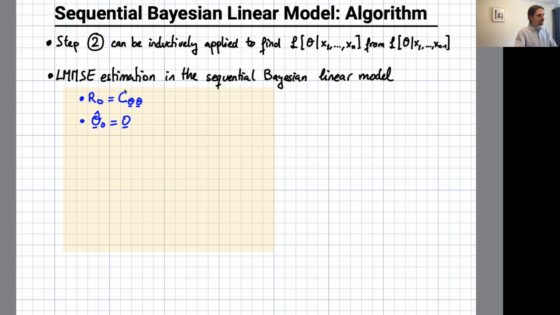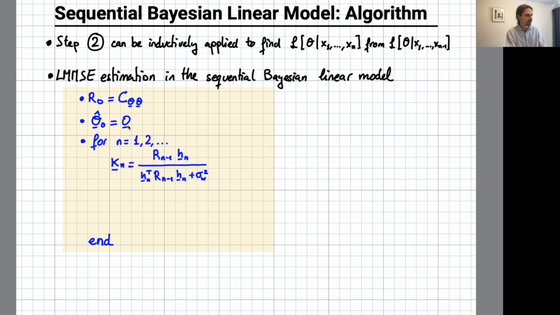So we start by this initialization. The reason for this is that if we set R0 and theta 0 hat in this way, the expressions that we found in step 1 are the same as the expressions that we found in step 2, just with different indices, right? So at every step we first need to obtain this vector of coefficients.